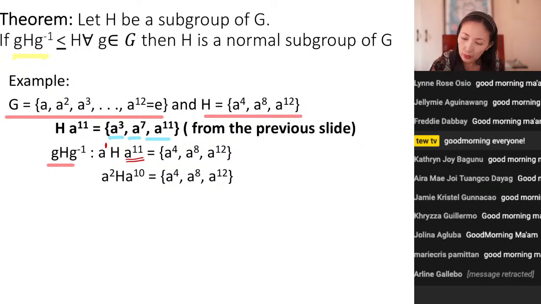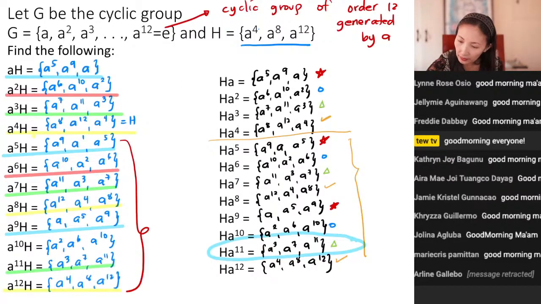Let's check it with the second. How about a squared times H a raised to 10? Again, why 10? 2 plus 10 is 12. Multiplying each term, we get H a to the 10 first. Earlier it was H a to the 11, this is our next.